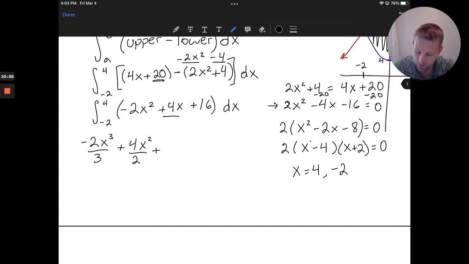And then plus, we'll have 16 times x. X is right now really to the 0 power, so we'll just add x to the first power. And since this is a definite integral, we don't have to have that constant plus c in here. So now we can just go ahead and consider doing our evaluation from negative 2 to 4.